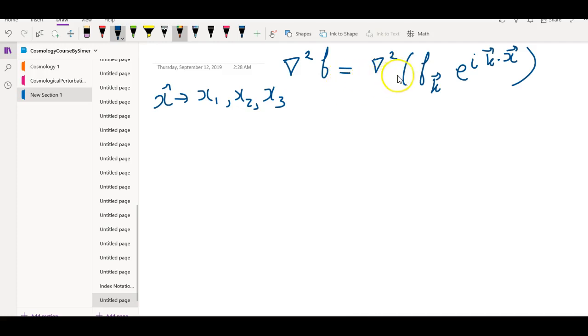Now how do I write this in Fourier space using index notation? When I do the first derivative, I get iota k_i. Sorry, there is no i component here. So this is del square.